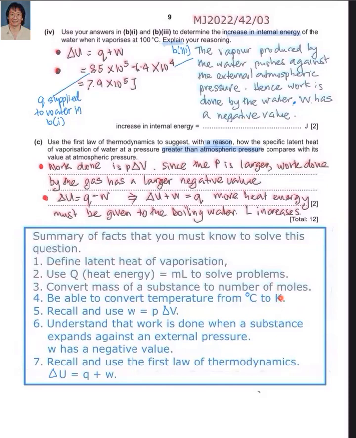Then number 5, recall and use work done equals P times change in volume. And then for number 6, understand that work is done when a substance expands against an external pressure. W has a negative value. And then number 7, recall and use the first law of thermodynamics, delta U equals Q plus W. And of course, you must understand the meaning of the words specific and latent.